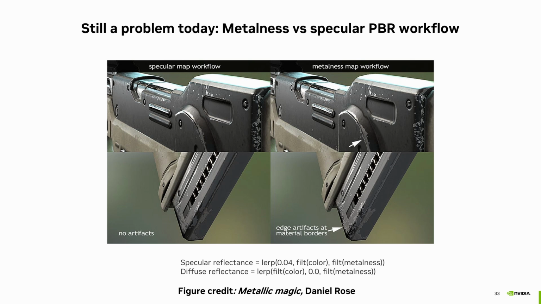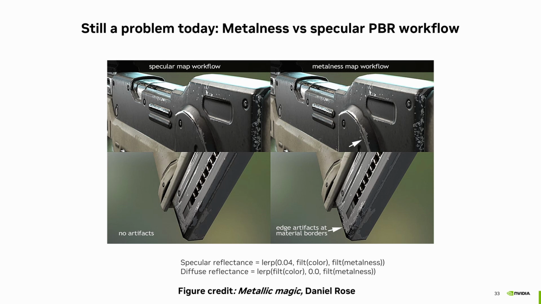Error coming from texture filtering keeps coming back in contemporary rendering. One example is the so-called metalness PBR workflow, where a special texture channel called metalness is introduced to save the storage cost of separate diffuse reflectance and specular reflectance textures. The metalness channel interprets reflectance color as either diffuse reflectance for dielectrics or specular reflectance for metals.